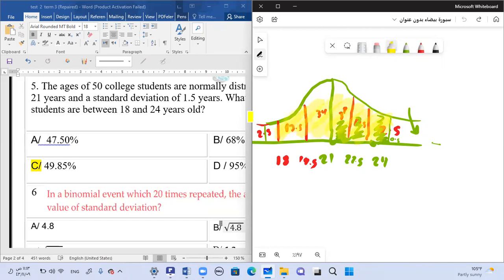This total area, except 0.5 from this side, represents 47 or 68 or 95. This total area represents 68, 47, 49. No, it's wrong, okay? It represents 95. This is wrong, okay?